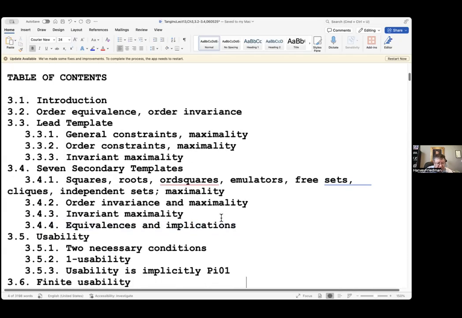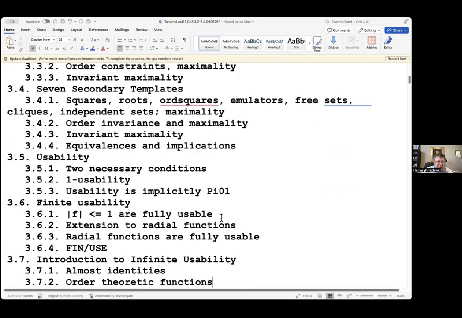All right. Then usability means: in a template, can you use the function? That's what we really care about, usability. In other words, one of these templates true. I'll be more specific in a moment.